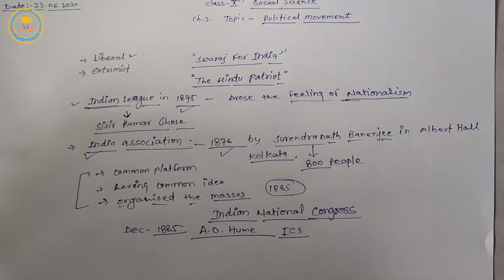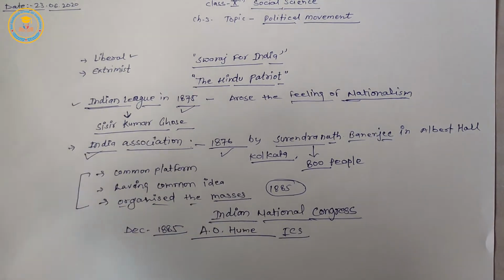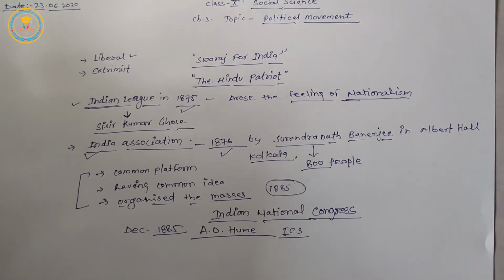The thinking of the British government behind its founding was to know what was going on in the mind of an Indian. Means the main purpose of the foundation of the Indian National Congress was to see the mind of Indians.